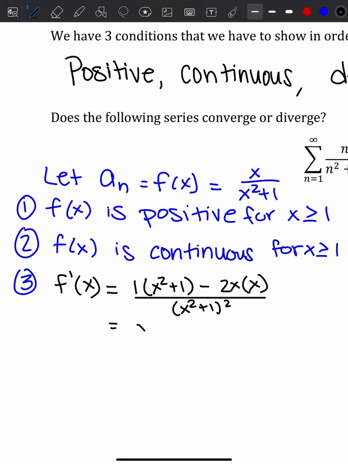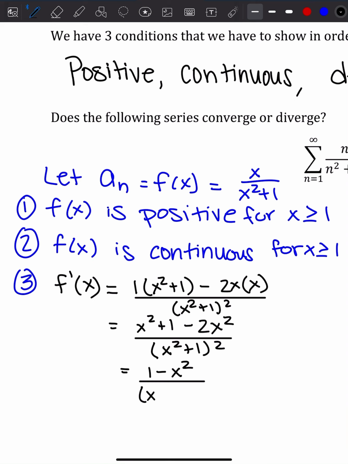So x squared plus 1 minus 2x squared, over x squared plus 1 squared. This gives us 1 minus x squared divided by x squared plus 1 squared.